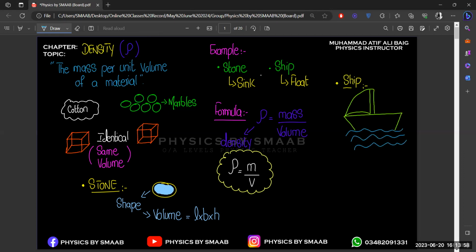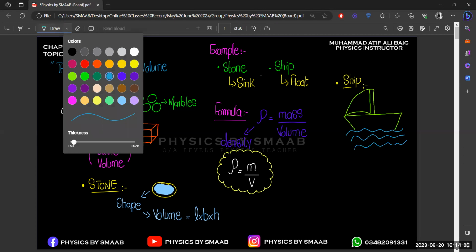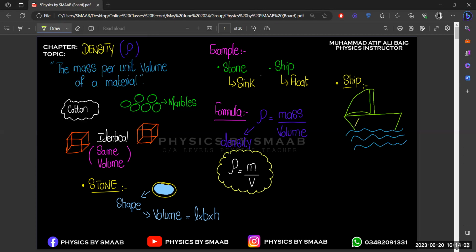Now you know that the ship is much heavier as compared to the stone, and so is its mass. The mass of the ship is divided into its given volume. So this represents the shape of the ship or the boat. And again, shape means the volume.